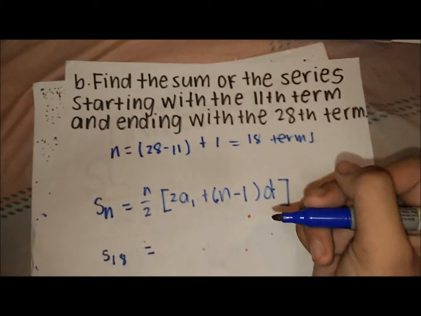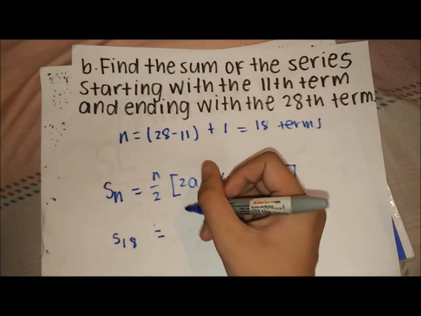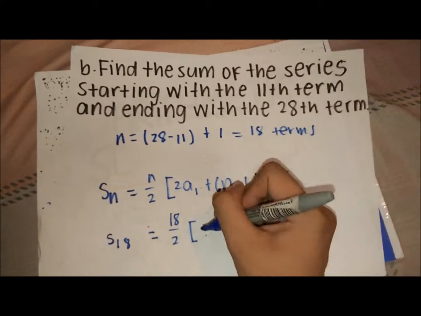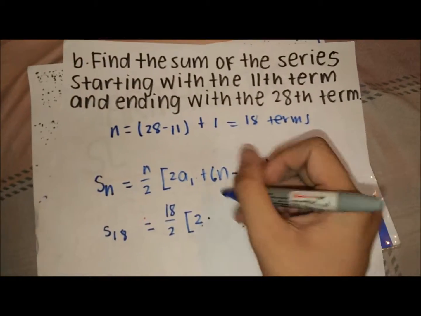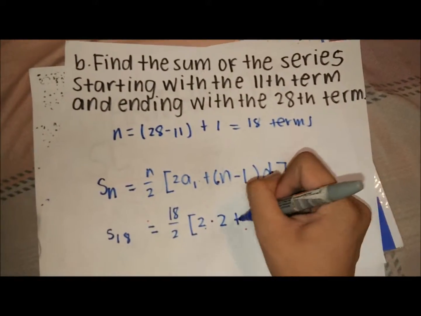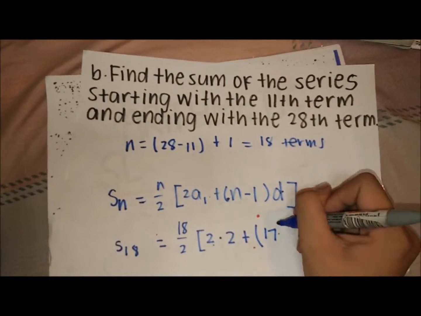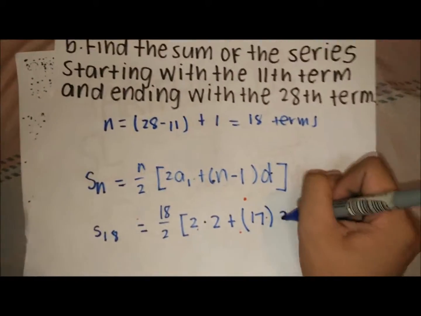It would be equal to 18 over 2 times 2 times the first term, which is 2, plus 17, which is 18 minus 1, times d, which is 3.